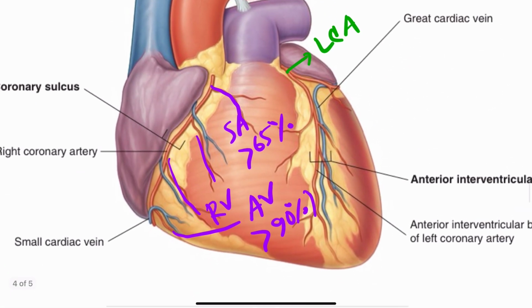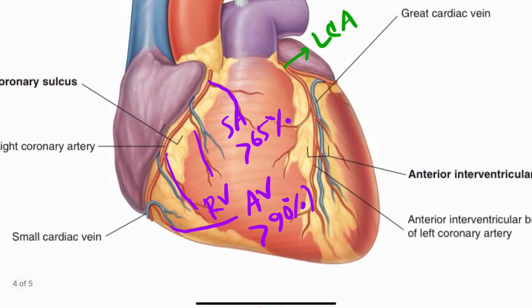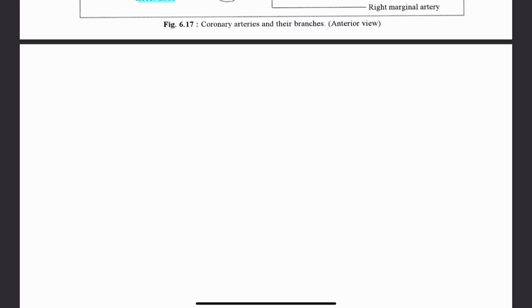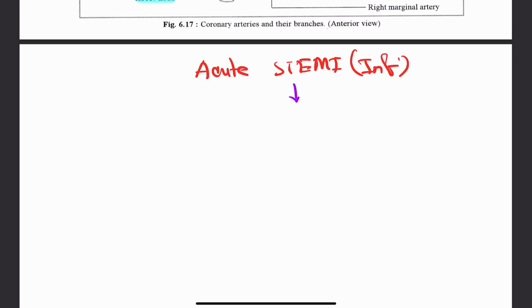So what happens if this right coronary artery is blocked or occluded? The structures which get supply from the right coronary artery will also be affected in inferior MI. Now see the consequences. There is acute ST-elevated myocardial infarction inferior, and the affected artery is the right coronary artery.